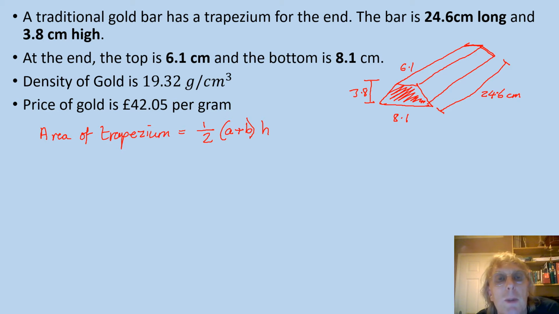It's not a particularly hard one to remember. So we put it in as a half times a plus b, well, that's 6.1 plus 8.1, times the height, which is 3.8. That's what I've got to work out.